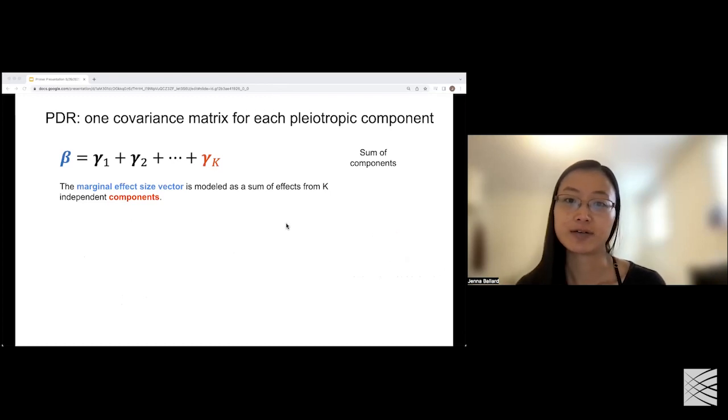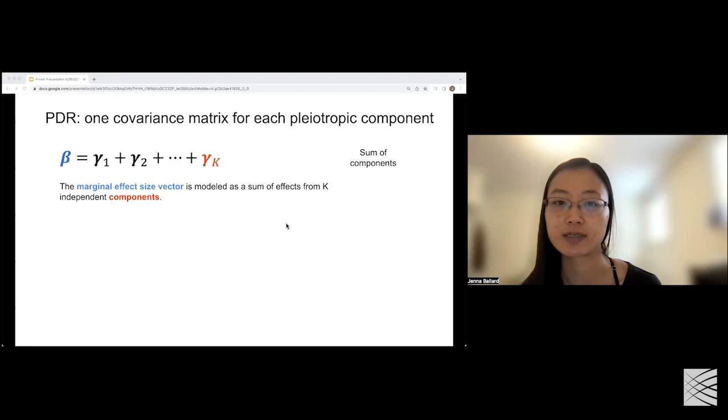So PDR models the marginal effect size distribution by breaking heritability into pleiotropic components, each of which is defined by a single covariance matrix. The marginal effect size vector is therefore modeled as a sum of effects from K of these independent components.